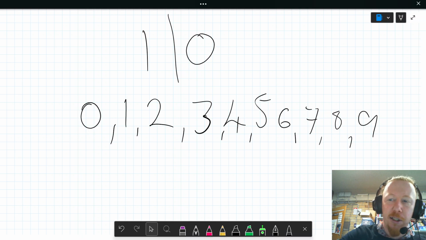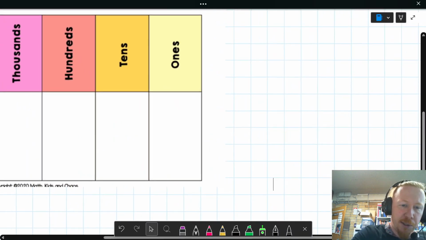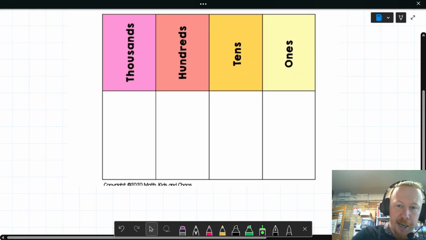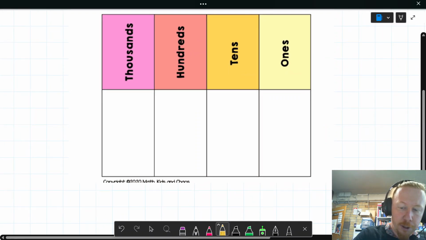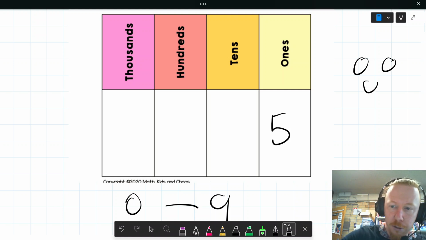To answer that, let's take a look at how we use our 10 digits. In our system, what we do is we take our 10 digits, 0 through 9, and we put them in different buckets. You know these, you've been taught them, they're called place value, right? And even if you don't know them as place value, you kind of get them just through fiddling with numbers. So let's say I put a 5 in here. We know that's 1, 2, 3, 4, 5.